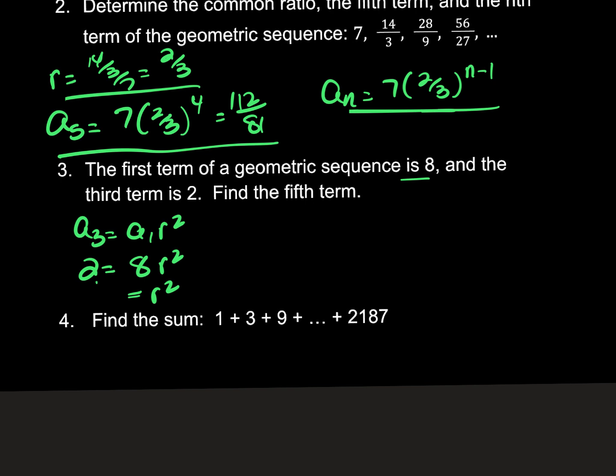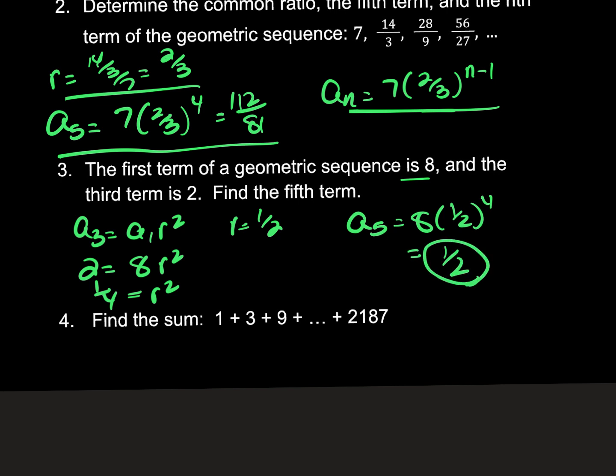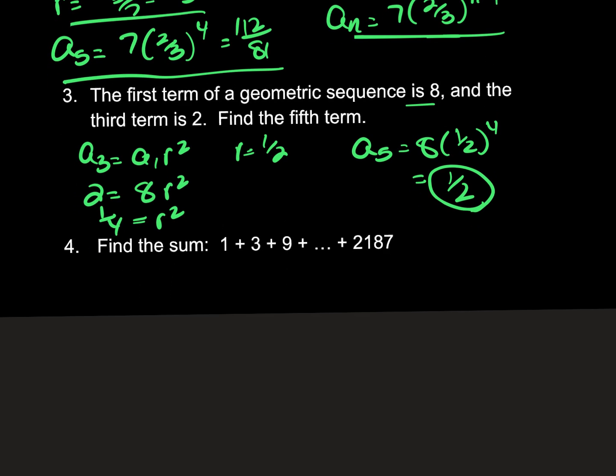If I divide by 8, it'd be 2/8, which is really 1/4, which means r is going to be 1/2. So to get the fifth term, again, here we go: the fifth term is the first term, which is 8, times 1/2 to the fourth power. I'm getting 1/2. And that right there is the fifth term. So use what they give you to find what you need to get what you need. That's kind of weird to say, but that's how you go.